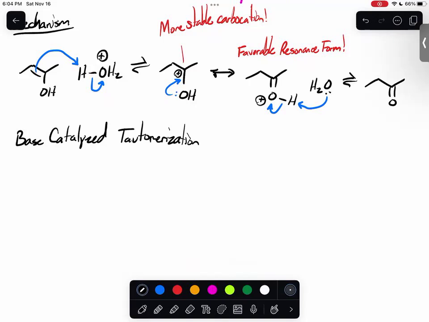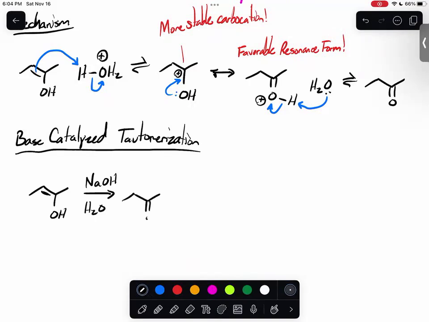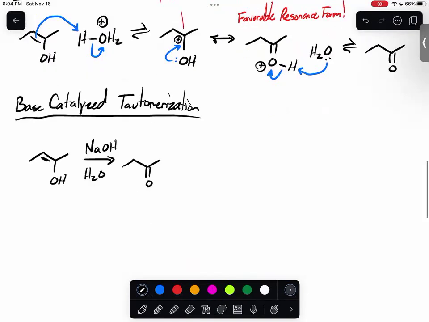Well, in the case of the base catalyzed tautomerization, what we're going to see instead of using H2SO4 and water is we can get the exact same reaction to occur if we use sodium hydroxide and water, right? That will end up making our ketone. But you can imagine this mechanism is going to be slightly different from what we saw in the previous.